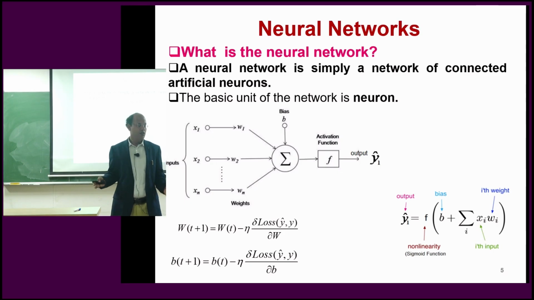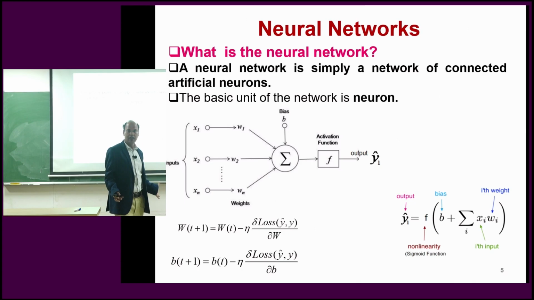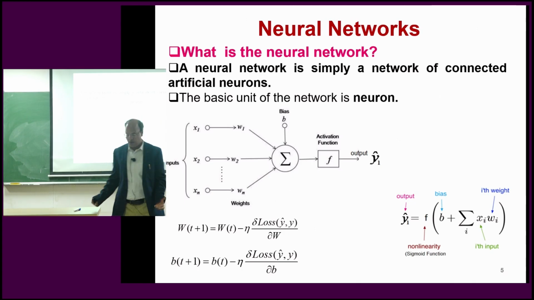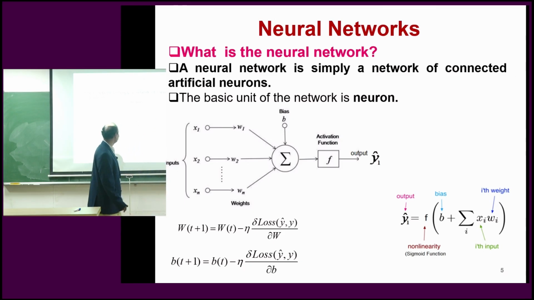So instead of linear activations, you have to use non-linear activations. Non-linear activations give the neuron, or the network, the power to solve complex problems. There are various non-linear activation functions, such as sigmoid, tanh, and ReLU, and so on.